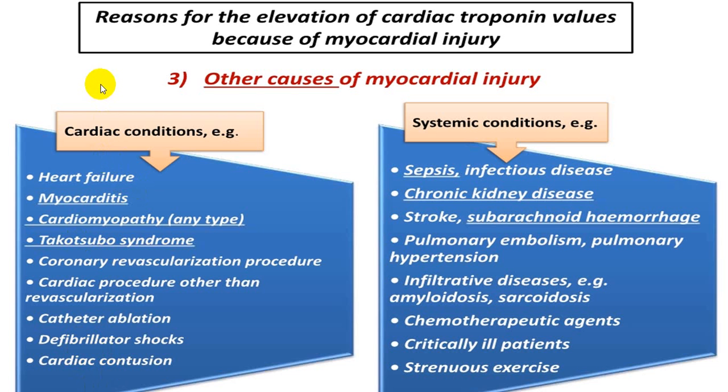In systemic conditions where troponin may be elevated, like sepsis, CKD, subarachnoid hemorrhage, stroke, this comes topmost on the list. And then come pulmonary embolism, pulmonary hypertension, amyloidosis, sarcoidosis, chemotherapeutic agents which produce myocardial injury, critically ill patients, severe strenuous exercise, etc., which can also have cardiac troponin elevated.